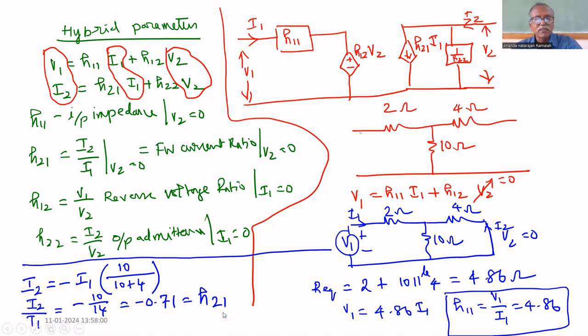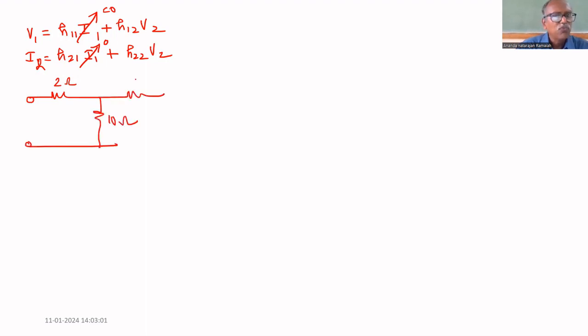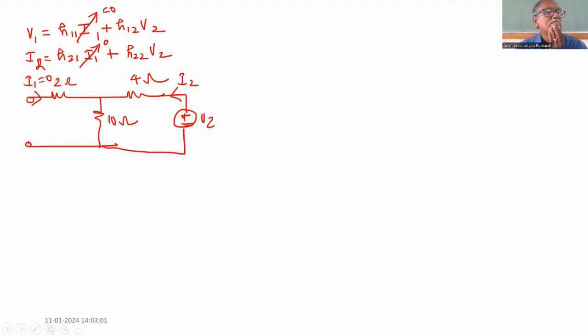Another two parameters we have to get. Now we have to assume that I1 equal to 0 to find H12 and H22. I1 equal to 0 means it is open. Therefore, this 2 ohm is virtually out of the circuit.